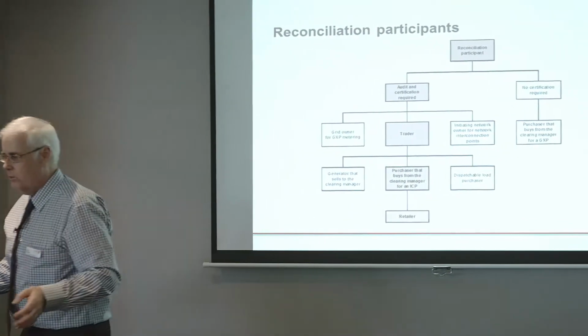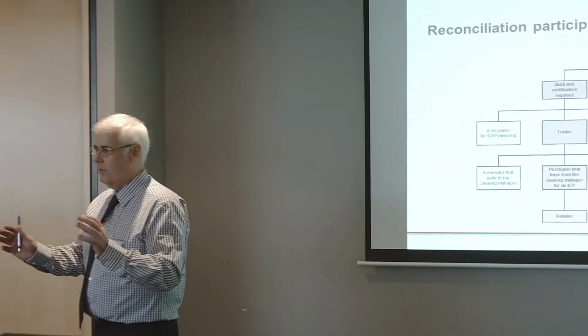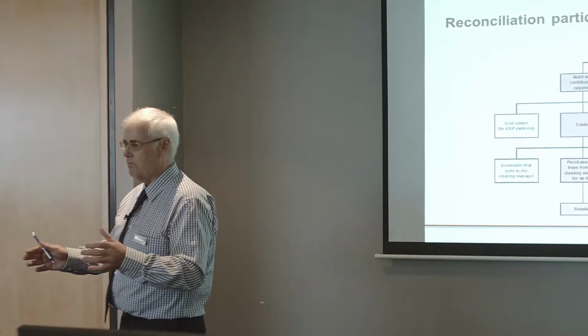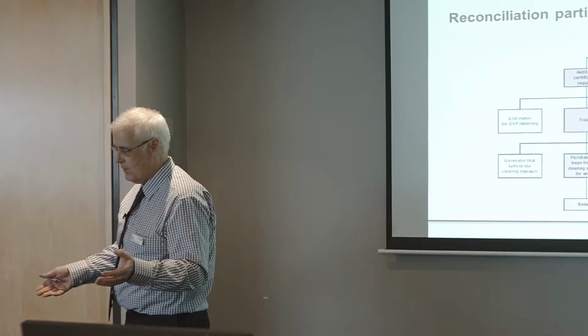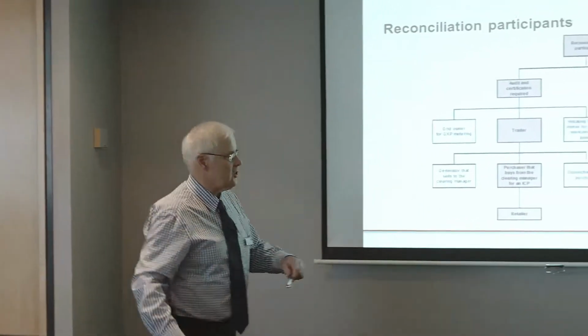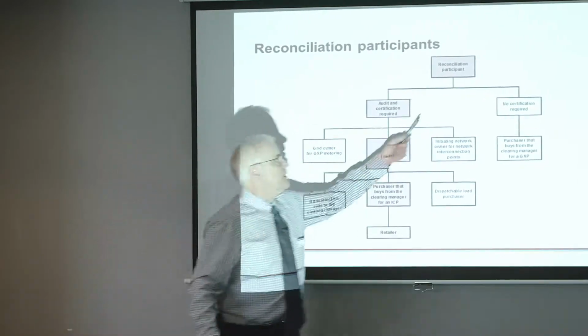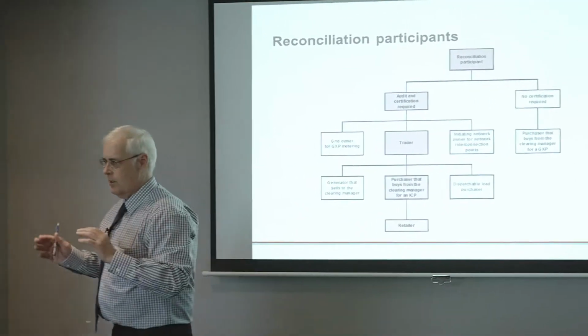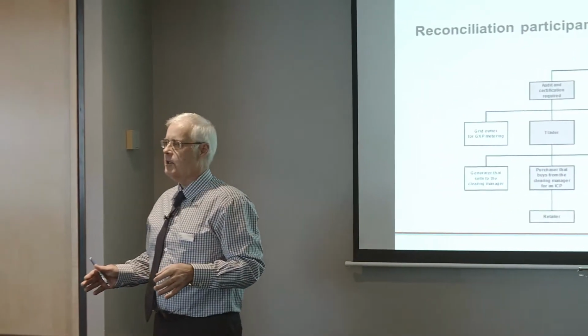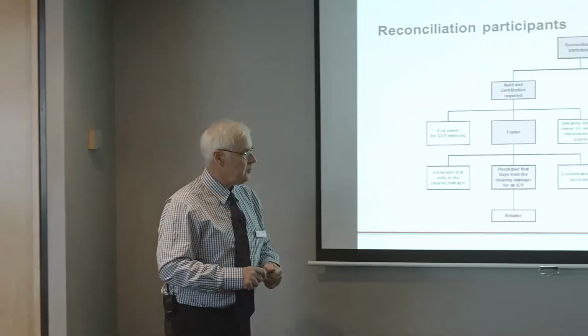So whenever you read through the code, and if you're acting as a retailer that's buying from the clearing manager and selling to a customer, anywhere where it says trader, those obligations apply to you. Anywhere where it says reconciliation participant, those obligations apply as well.